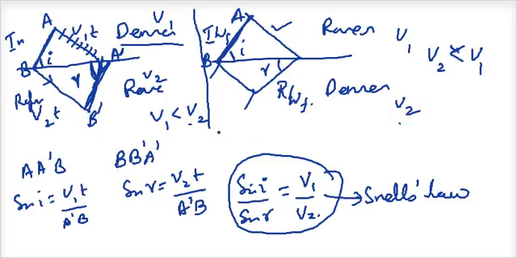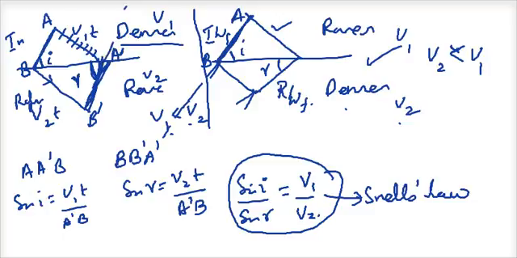So there are two possible cases: light moving from denser to rarer medium, and light moving from rarer to denser medium. In both cases the refracted wavefront will look different. In this case it appears to be converging at the denser side. In this case also it appears to be converging at the denser side.